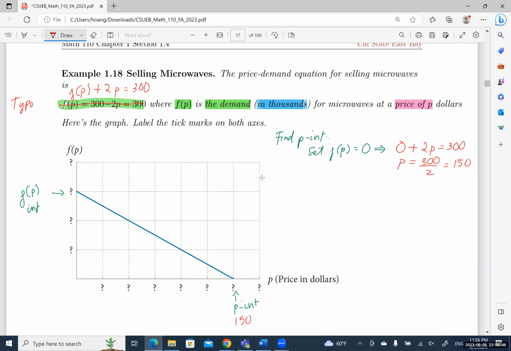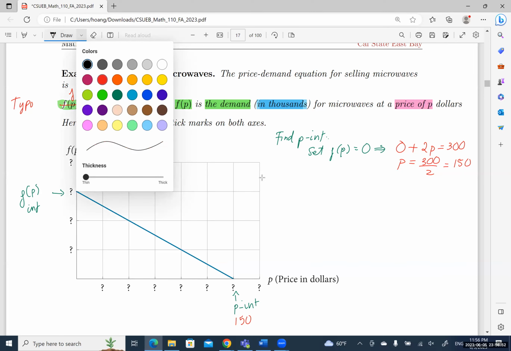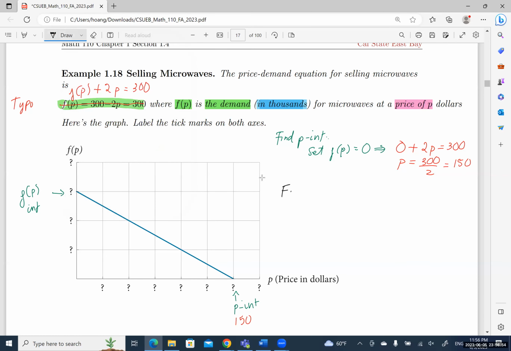Okay, so let's find the f(p)-intercept. In order to find the f(p)-intercept, you set p equal to 0.